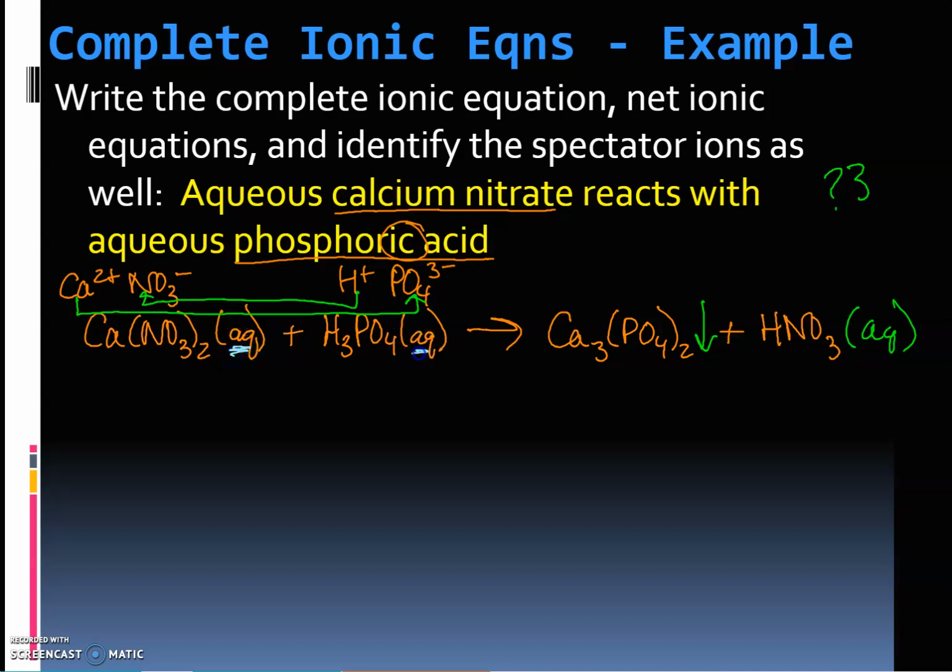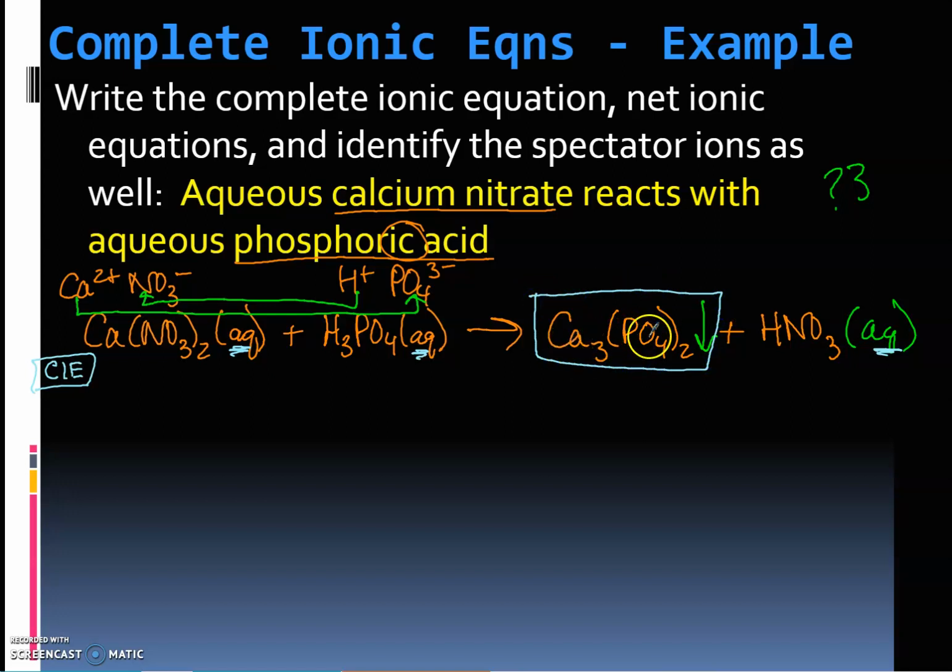Anything that is aqueous gets broken up, okay, because water is a piranha. So the complete ionic equation would break up the calcium and the nitrate, the phosphoric acid, and the nitric acid. It would leave this alone because this is piranha proof. It is not going to touch that.